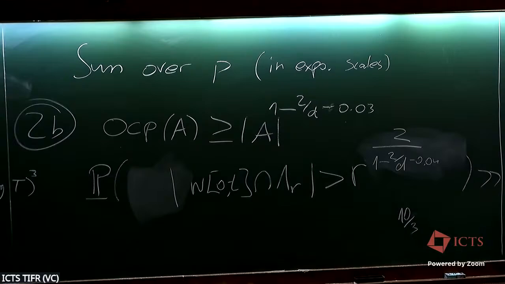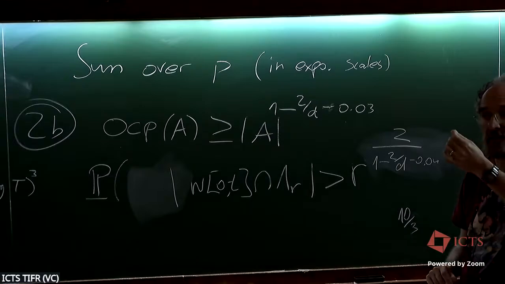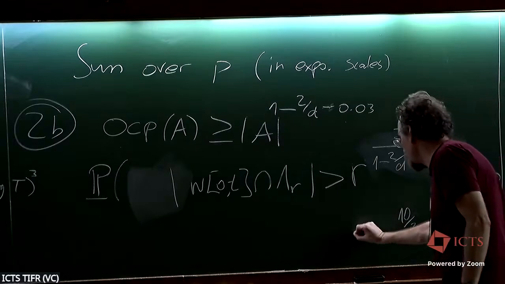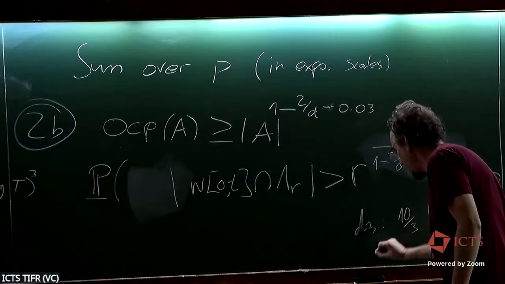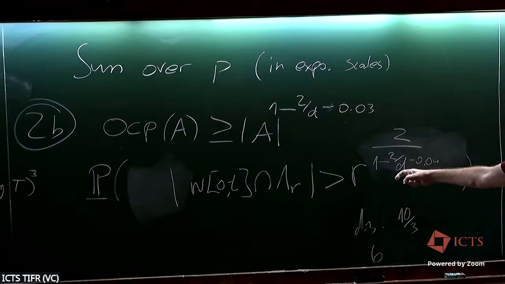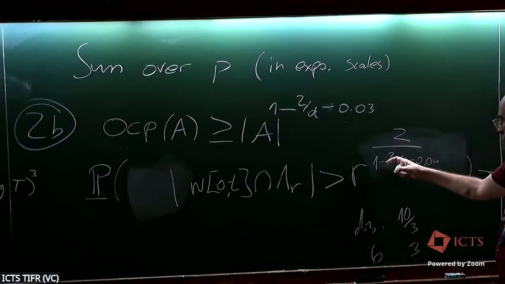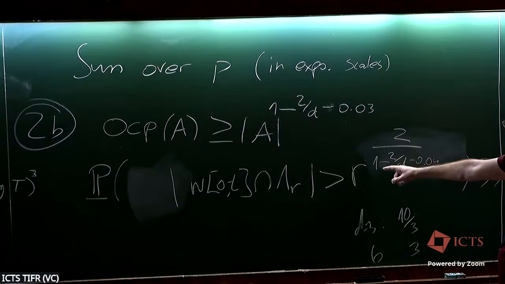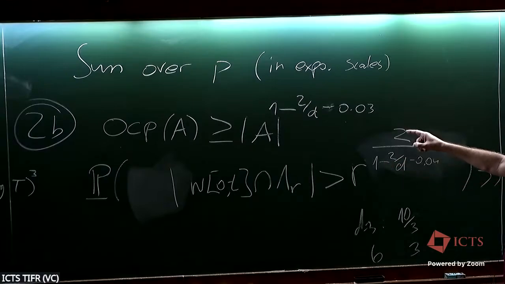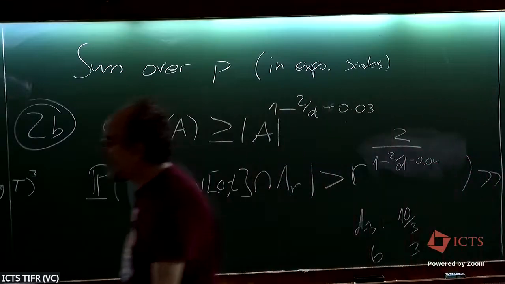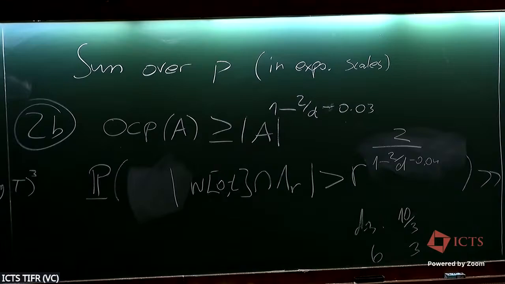So you will not be able to say that your path is not hittable. But in dimension 6, what you get here is already 3. I think I didn't make a mistake, like 1 minus 2. Yeah, exactly 3.